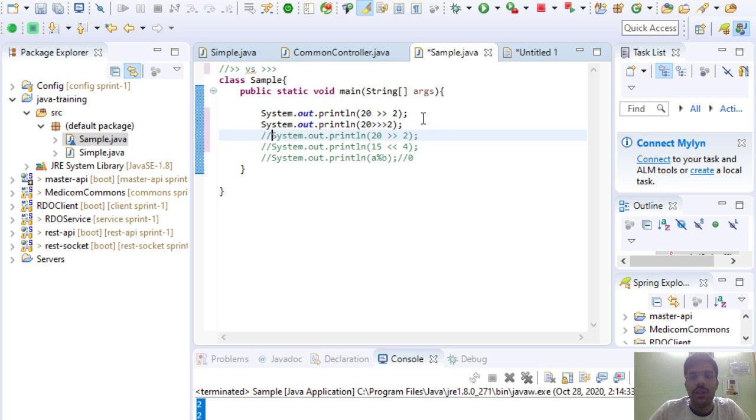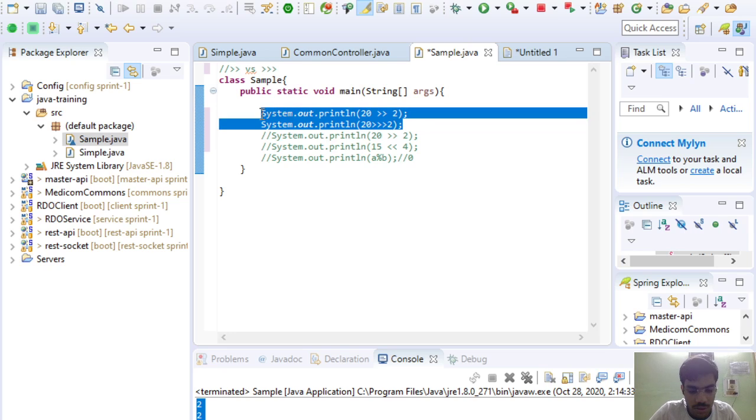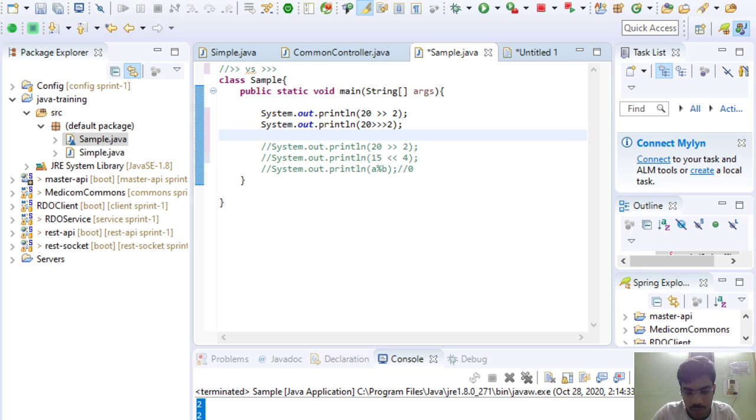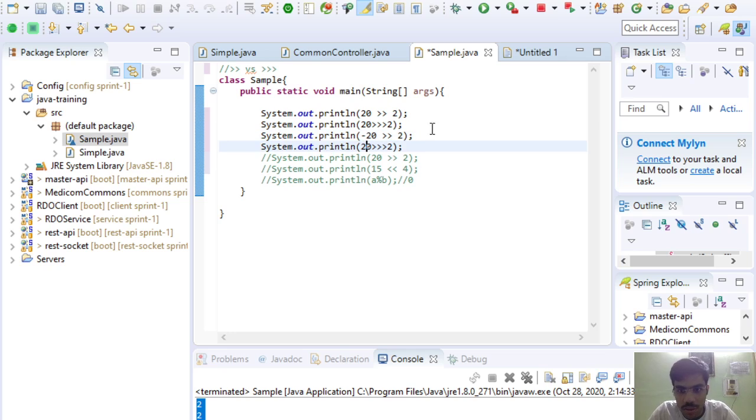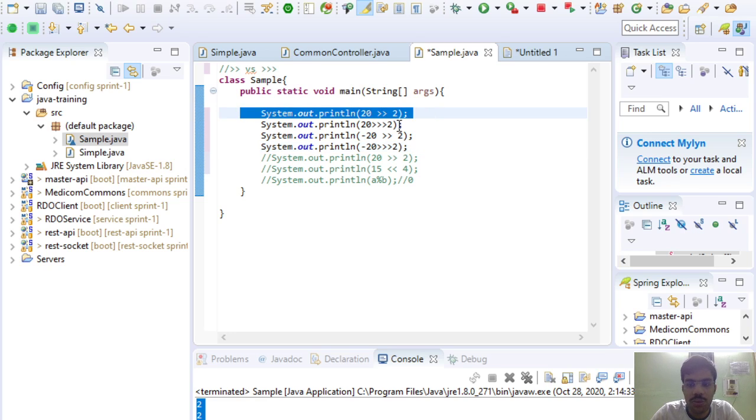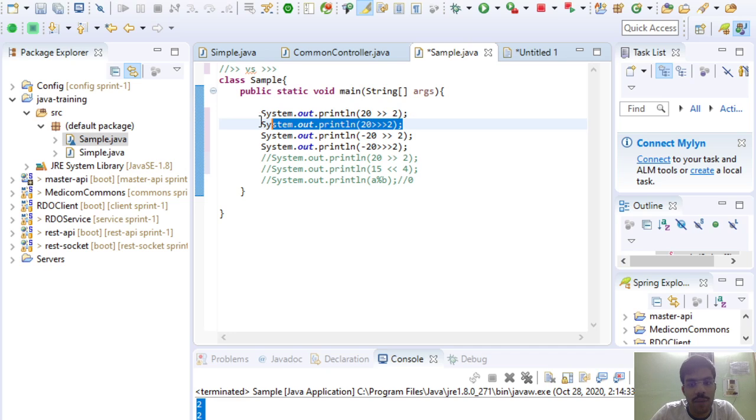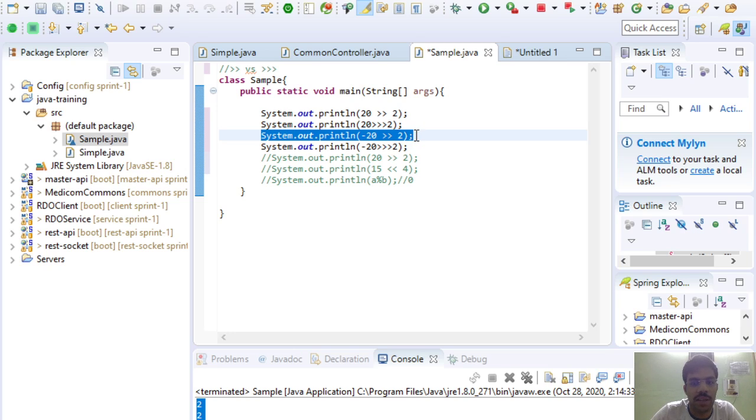If we declare minus 20 here, let's copy this and paste the same. If we declare minus 20, here we will get the same output for these two. For 20 with the right step, we are dividing, so the output will be 5. What about minus 20? Then we get minus 5.